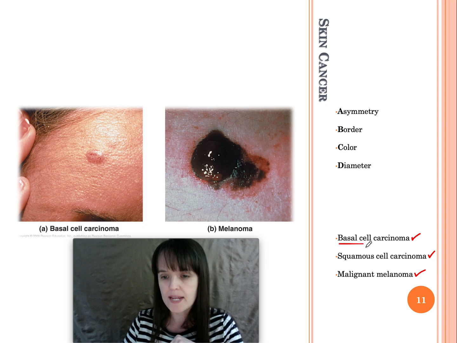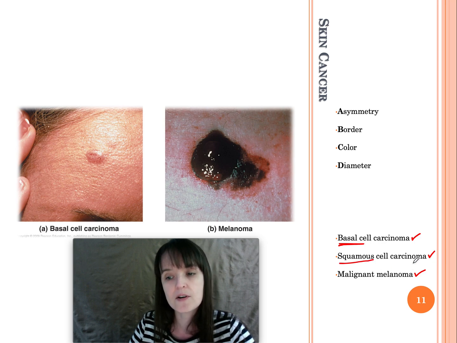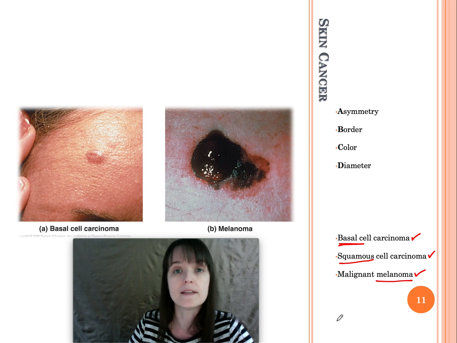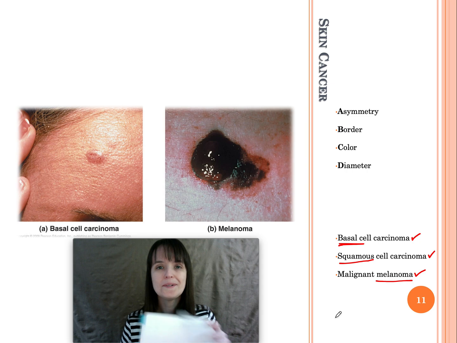We've got the basal cell carcinoma. Carcinoma is cancer. So basal cell will be in the stratum basale or stratum germinativum. Squamous cell carcinoma, those would be the flat cells on the top. And then malignant melanoma will be in the melanocytes. So those are all terms you know now.